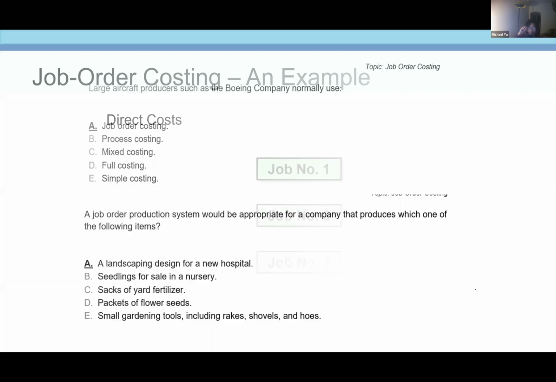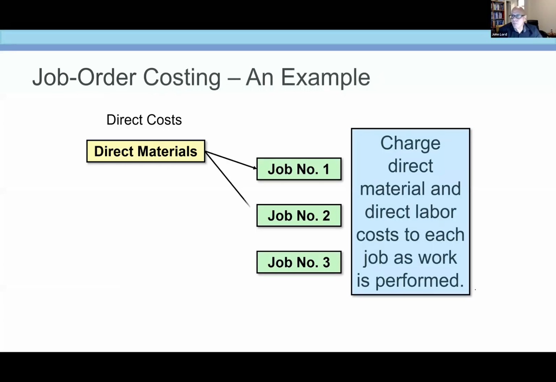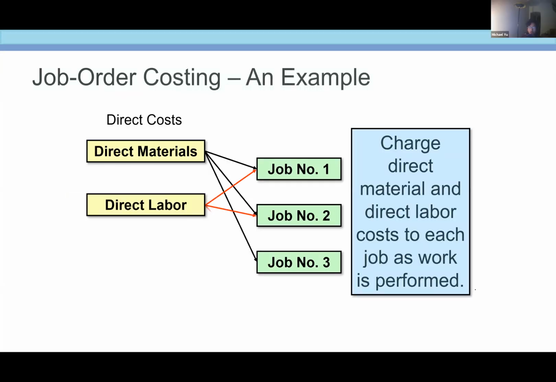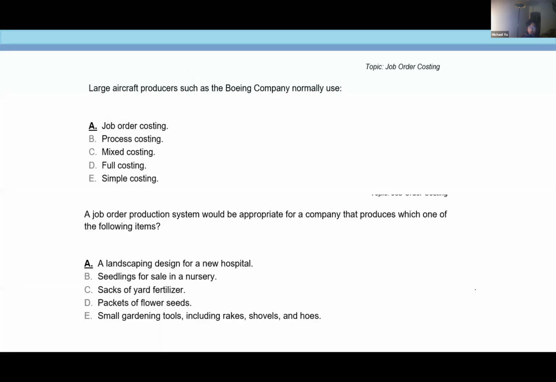Yeah, I have a question. So for the definition of job order costing, is it just like the product itself is unique compared to other similar products? Yeah, the product is unique because it's made to the specifications of the order. Job order costing.